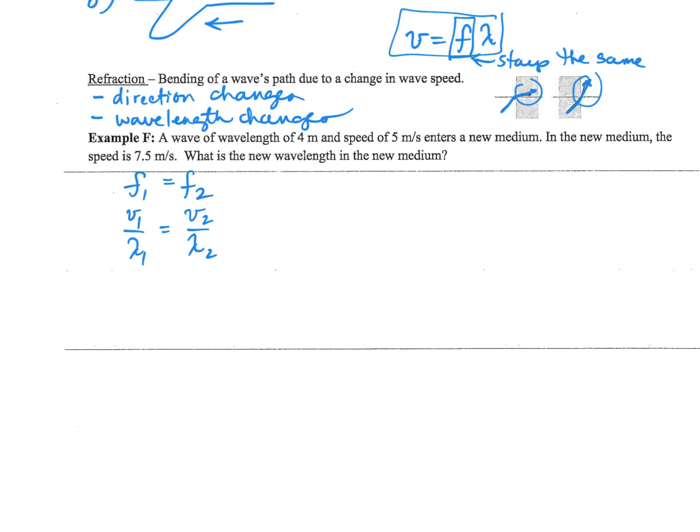All right, so we've got 5 divided by 4, excuse me. It's velocity divided by its wavelength. So 5 over 4. New speed is 7.5 over the other wavelength. And then we can just cross multiply and divide, can't we? 4 times 7.5 divided by 5.